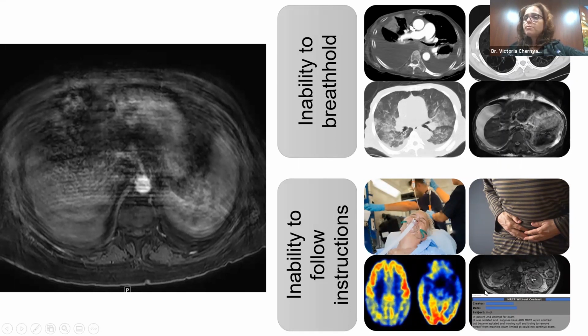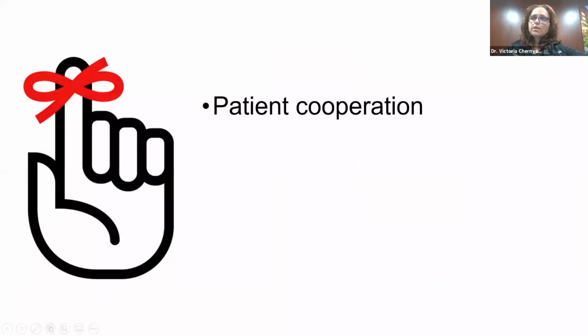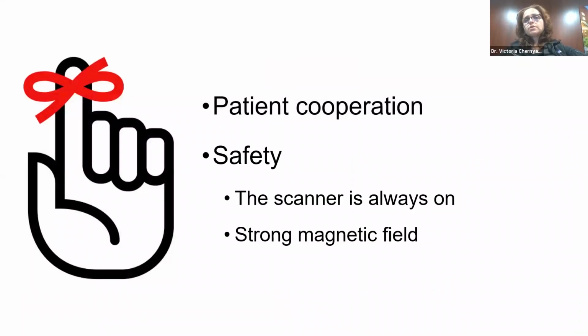So again, if you're on clinical service and you have a demented patient and you're considering sending them for MRI, think about whether or not this is a correct study to do. And if there's a question, talk to your radiologist to see what they have to say. So patient cooperation is important.